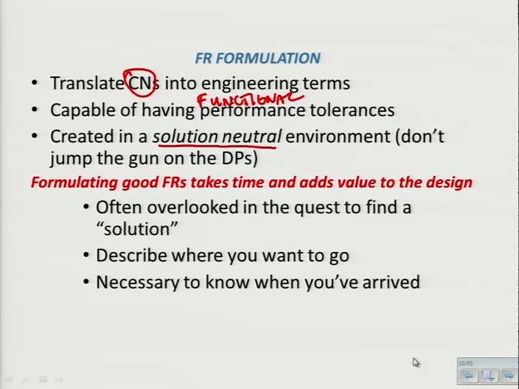Let's figure out the FRs that are going to make this product or this process the most valuable, and then we'll sit down to figuring out how to fulfill them. But if we jump the gun on the DPs and say this won't work because of this, or we need to do it this way because of that, we may miss the best solution.